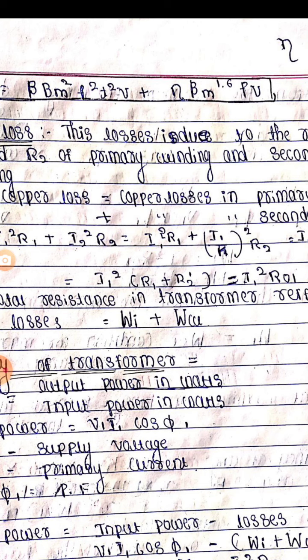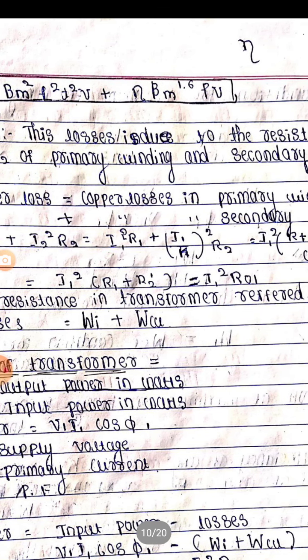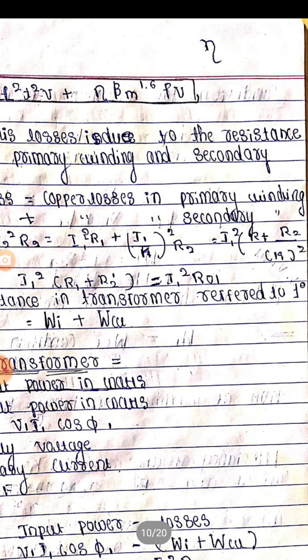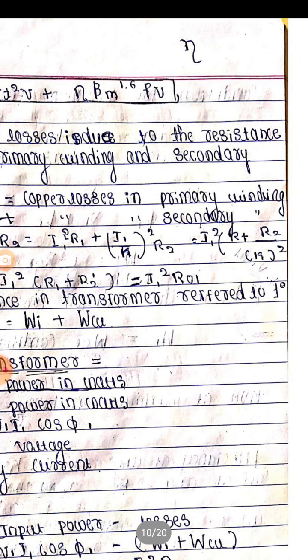Now from the turns ratio, I1 square R1 I will maintain as it is. Then for I2 current, we know I1 by I2 is equal to K. Then I2 is equal to I1 by K, whole square, into R2. So now, taking I1 square as common, it is I1 square into R1 plus R2 divided by K square.